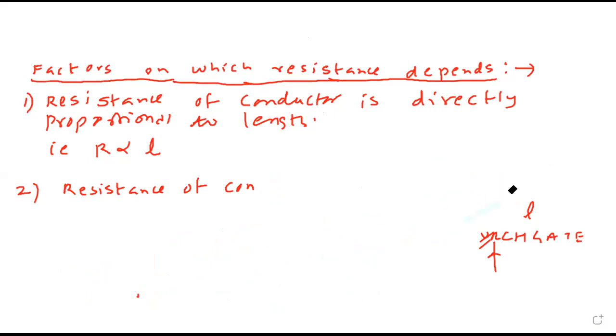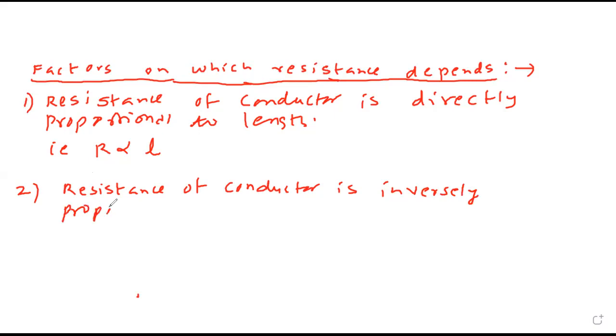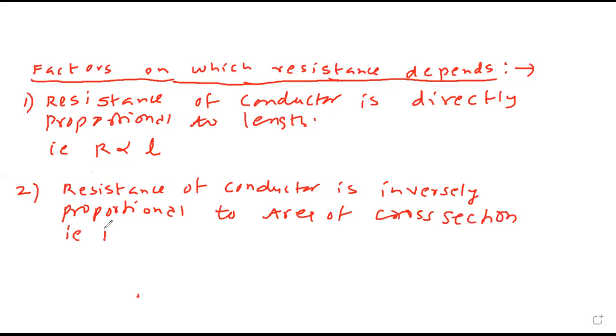Resistance of a conductor is inversely proportional to area of cross section. That is, R is proportional to 1 by A.